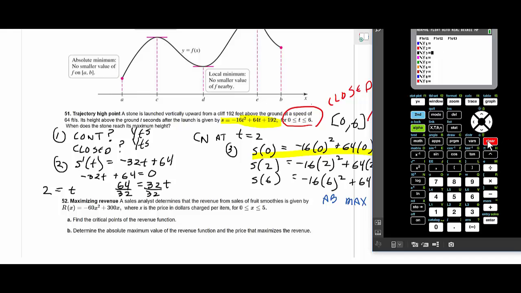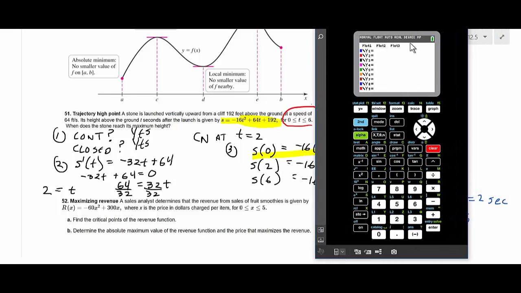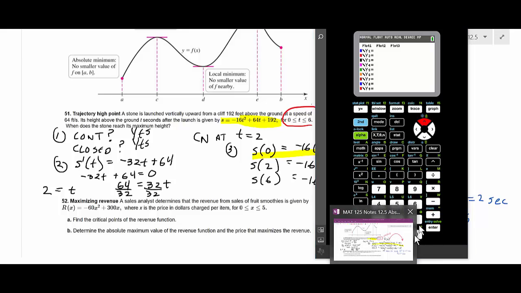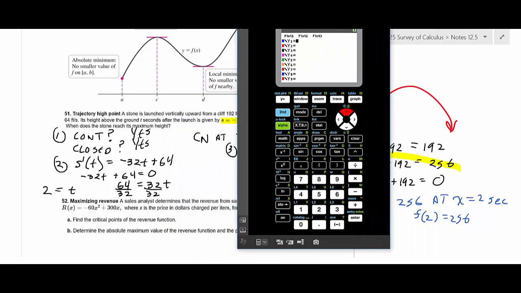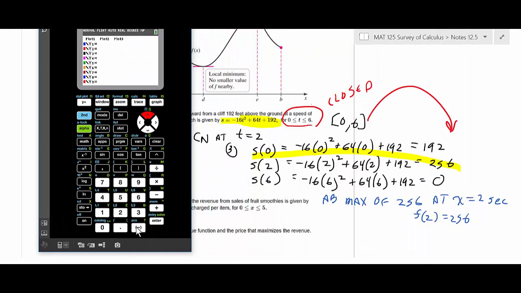So again, when you're doing your homework, do the calculus, and then you probably ought to turn around and, for as many of these as you can, graph them and verify your answer that way. So I'm going to put in negative 16. I've got to put an x in.